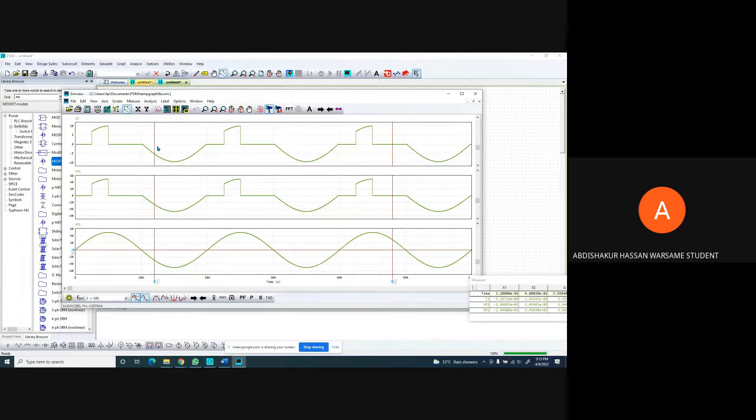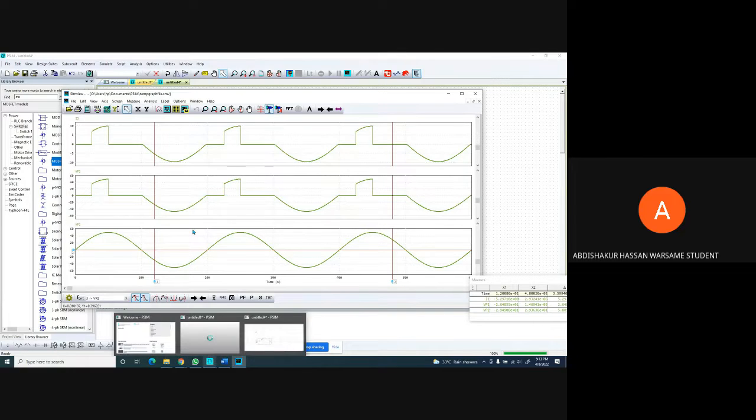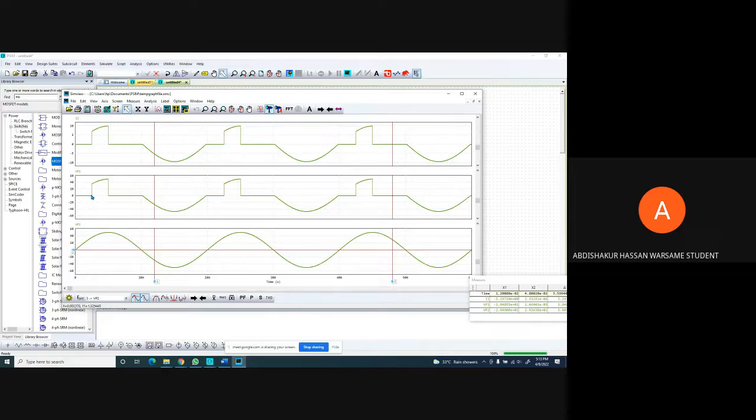For the MOSFET, the gate is closed at the start, at 0 for the voltage until it reaches 50 and just started, and the diode is open until it's how to now here between.